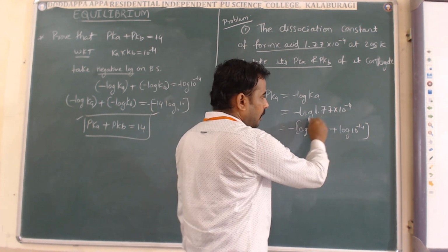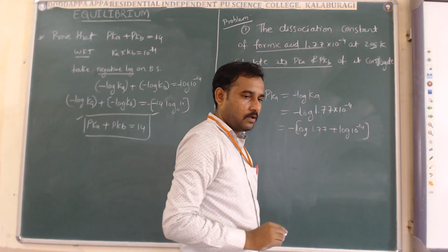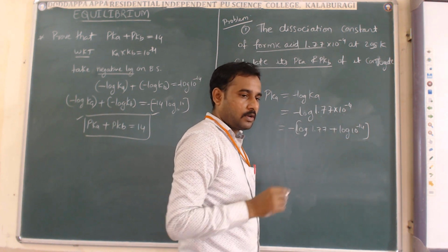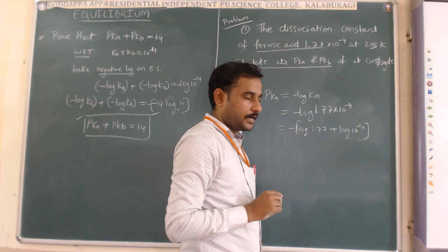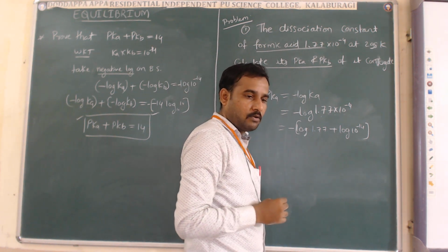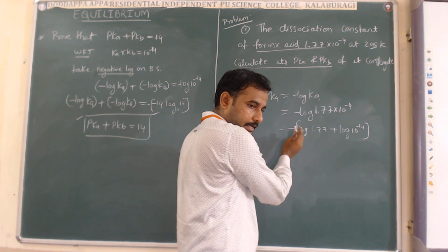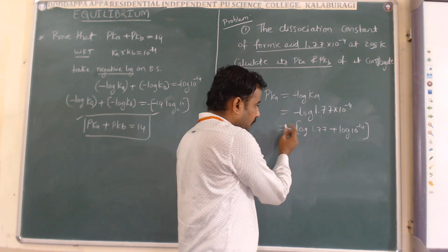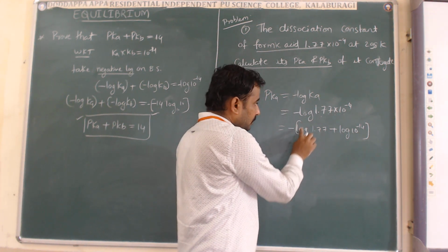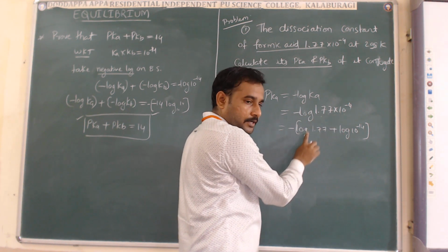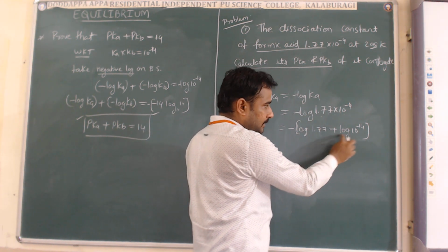Suppose you are having log A into B, then you are writing it as log A plus log B. The minus I had left and kept outside the bracket here. So log A into B, we have to convert to log A plus log B.